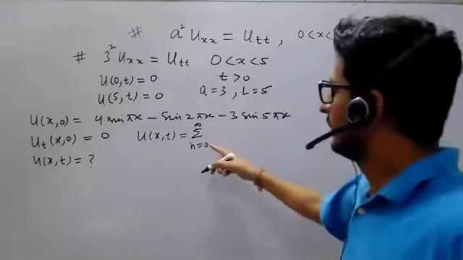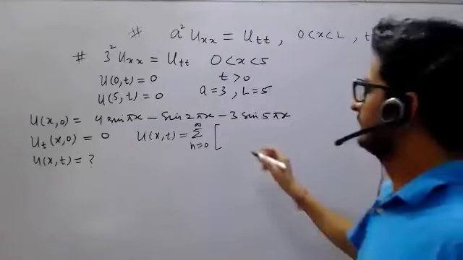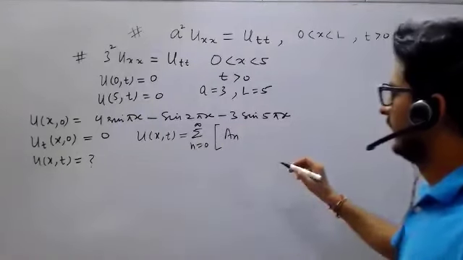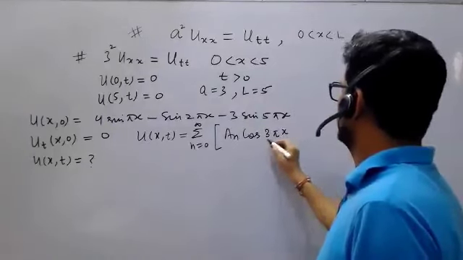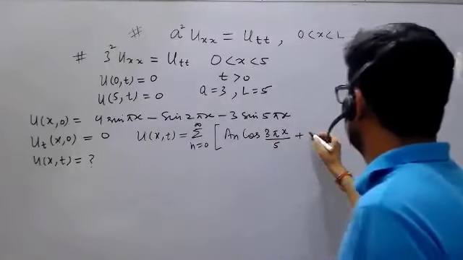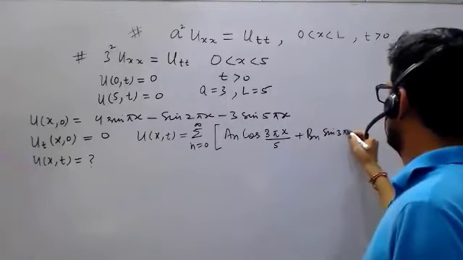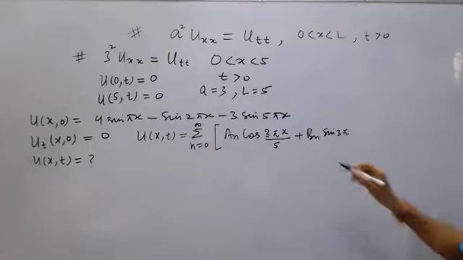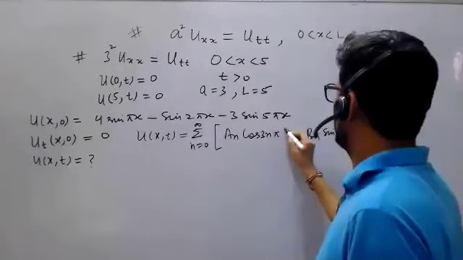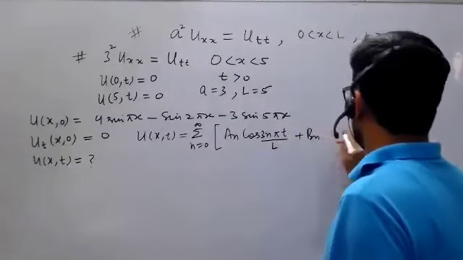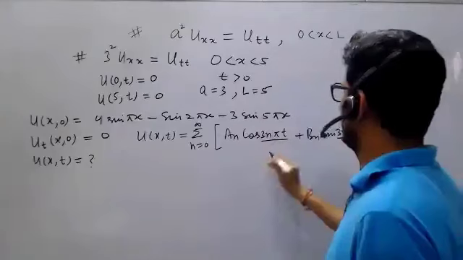u of x comma t is equal to summation n is equal to 0 to infinity, and then an cos 3 pi x by L plus bn sin 3 pi an t by L, and what is L?